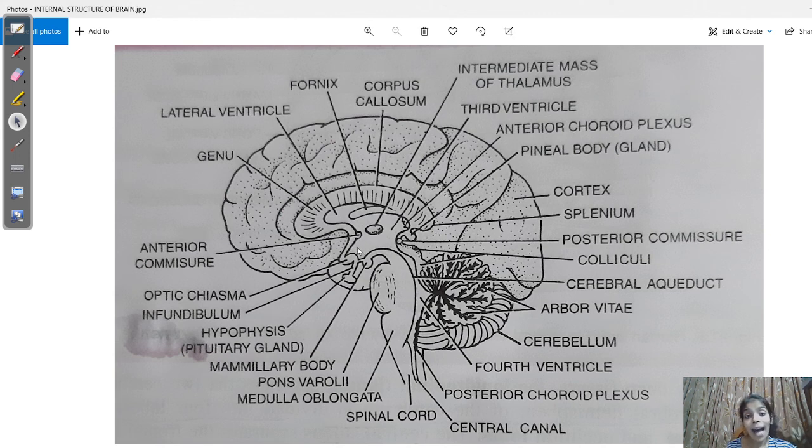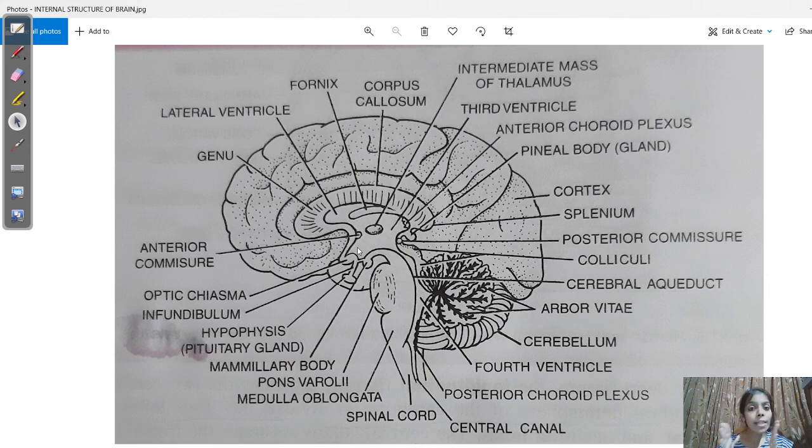Thalamus basically acts as a relay station. It relays information from forebrain to hindbrain and from hindbrain to forebrain. So impulses from various parts of the body reach the thalamus. Thalamus then decides where to send the impulse. Suppose we are viewing something.